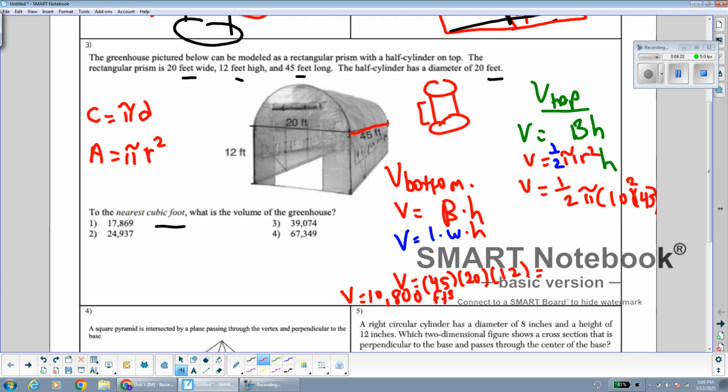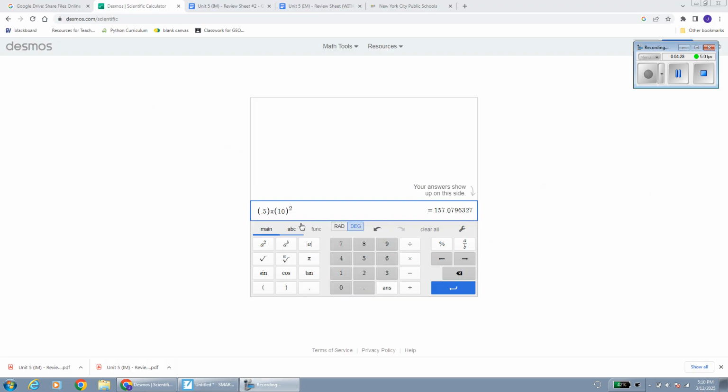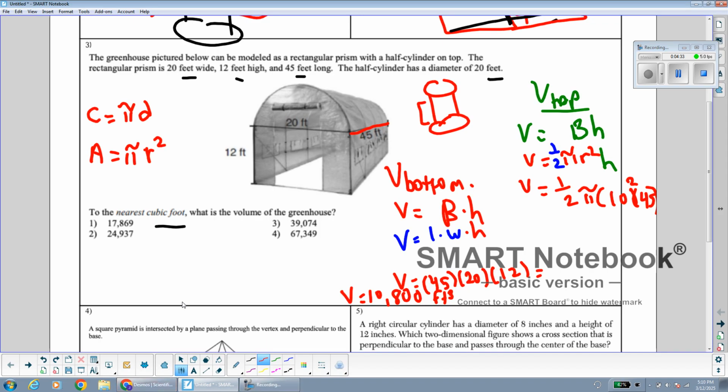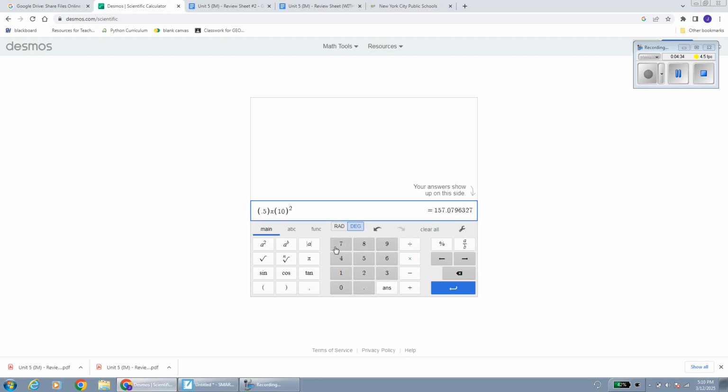Okay, I'm going to go into my calculator and type this in. So I have 0.5 pi 10 squared times the height, and the height is 45. Getting this all into my calculator, and that is approximately 7,068.